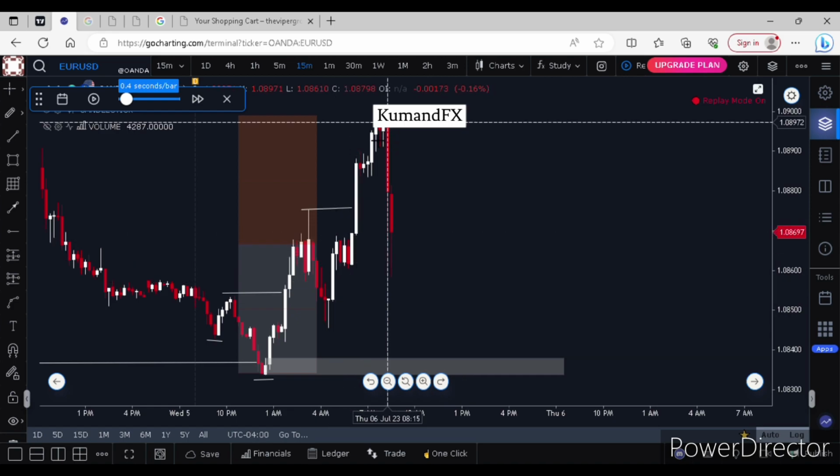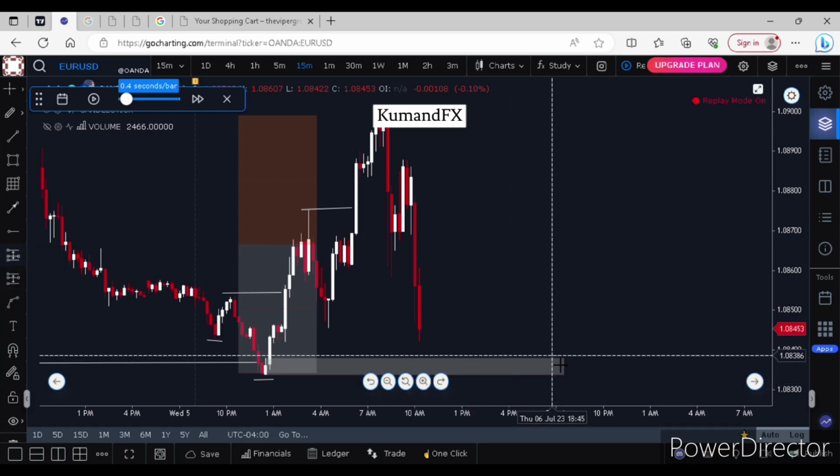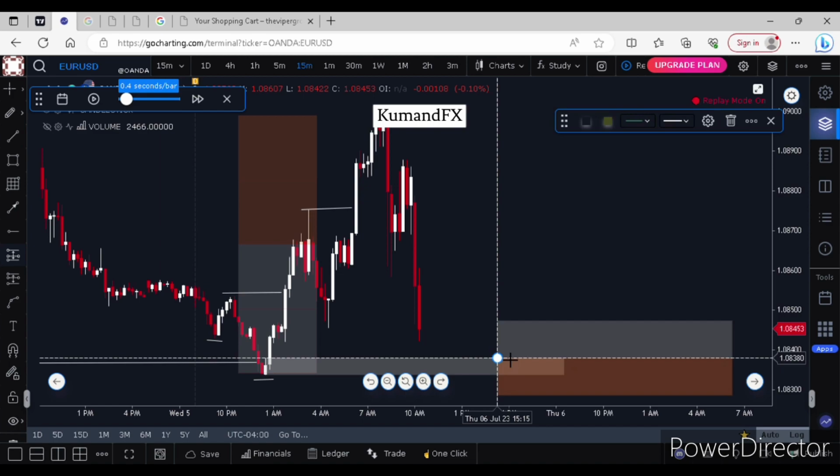So it's just expanding, therefore creating inducement in the market with those lower lows. So now price comes, takes those previous lows, sweeps them out.